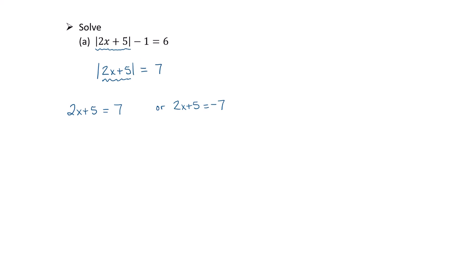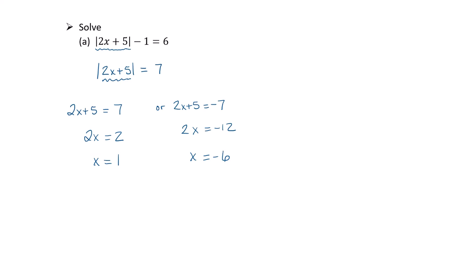Now we have two simple linear equations that we can solve. 2x equals 2 and x equals 1. 2x equals negative 12 and x equals negative 6.